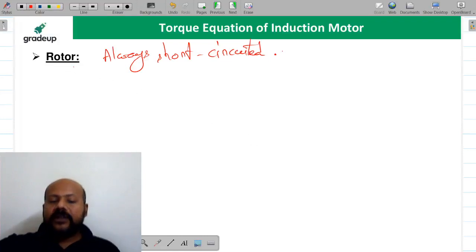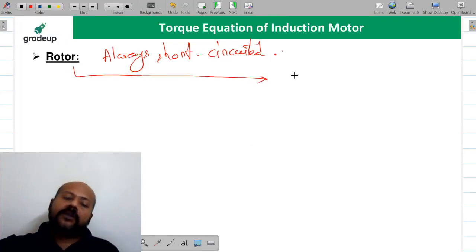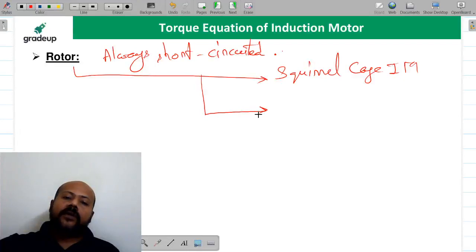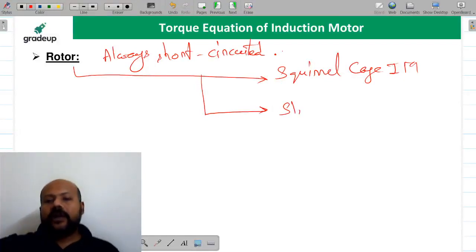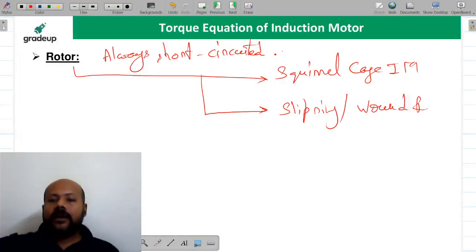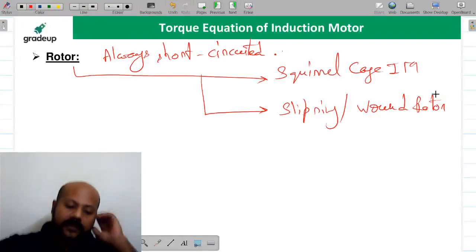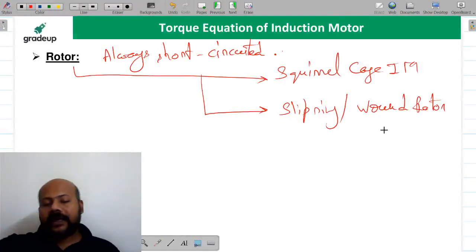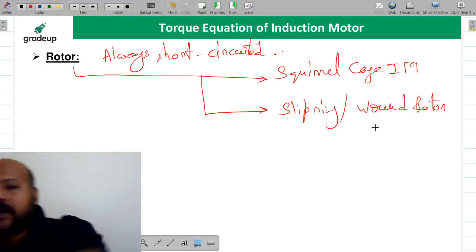But generally for the rotor of the induction motor, you are having two designs: squirrel cage induction motor, and then slip ring, or you can say wound rotor induction motor. Is it clear? These two types of rotor constructions you are having.